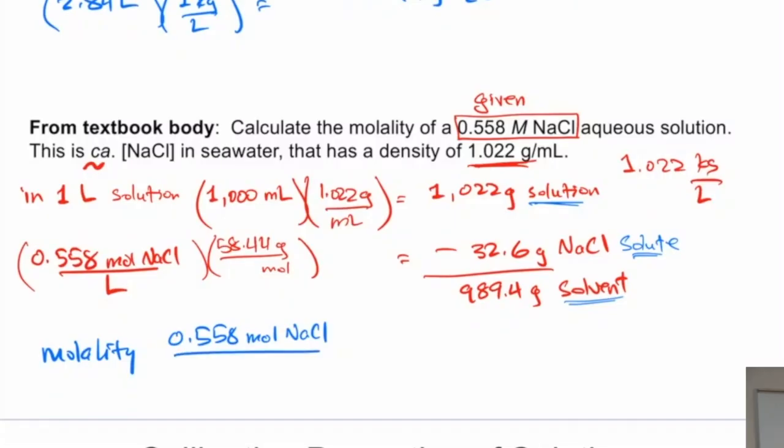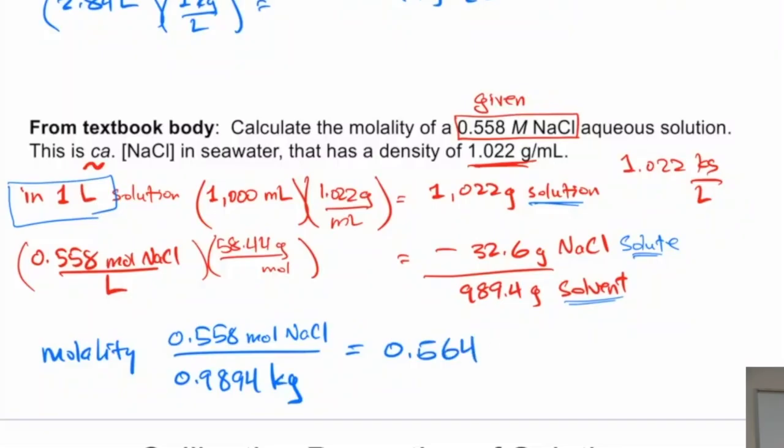Remember, this is all in 1 liter. Okay? And in that 1 liter, what's the mass of the solvent in kilograms? Just have to convert it from grams to kilograms. And now we can calculate the molality. And I get 0.564 molal.